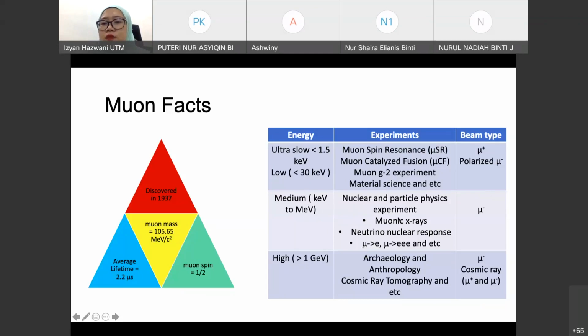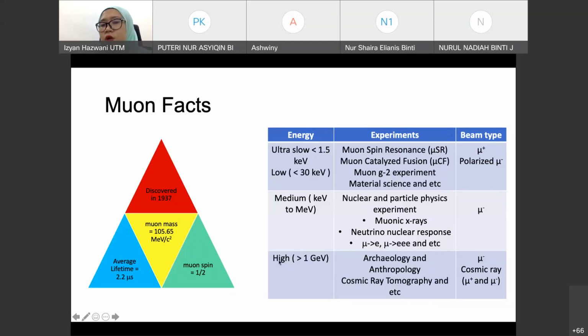Here we have experiments for nuclear and particle physics related to the muon minus, where we investigate muonic X-ray elemental analysis, neutrino nuclear responses, and some particle physics experiments. These are Mu2e, Mu to electron, the SINDRUM experiment, the COMET experiment and others.